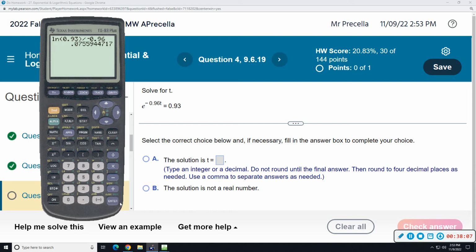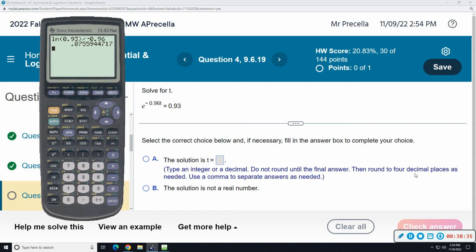I'll get, let's see, 0.075594. How are we told to round this? Oh, on this one, 4 decimal places. So t is approximately 0.075.